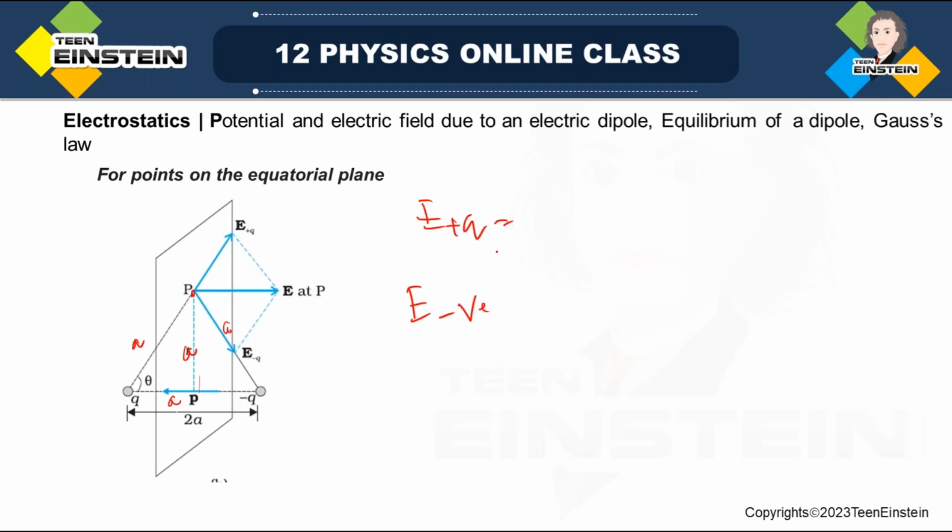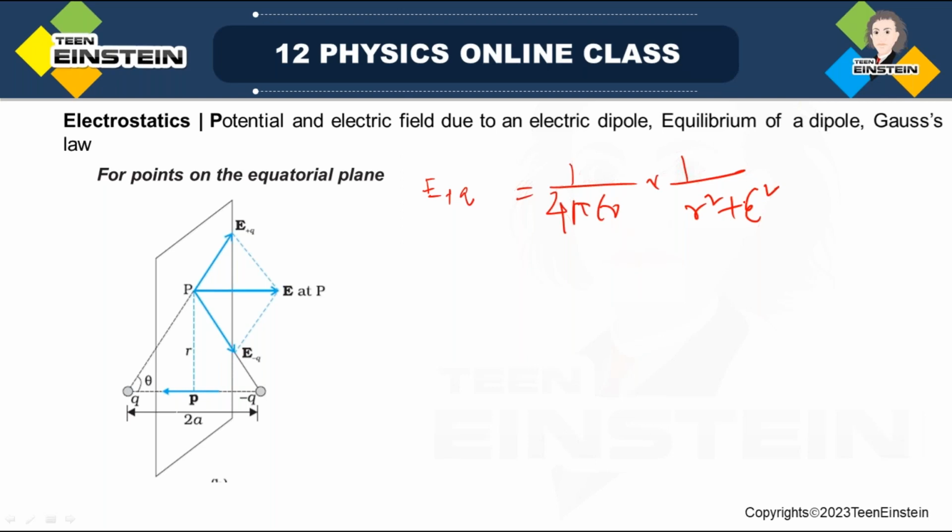So I'll just write down: this is 1 by 4 pi epsilon naught. Sorry, this is a.